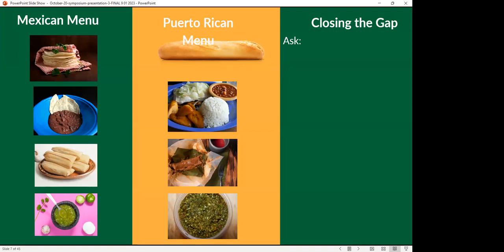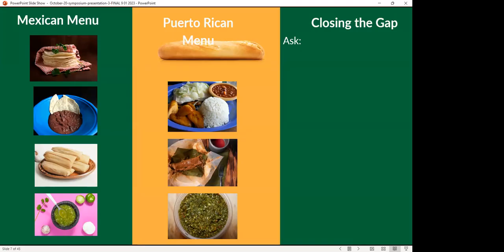Second, we have tamales, as you can see here, and they are made with corn masa. Puerto Ricans eat pasteles, and they are made with either cassava flour, plantain flour, or root vegetables.